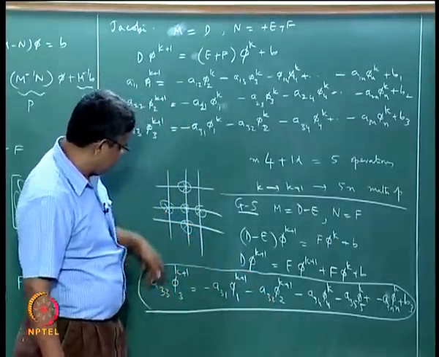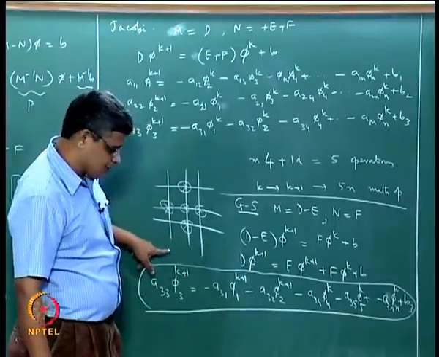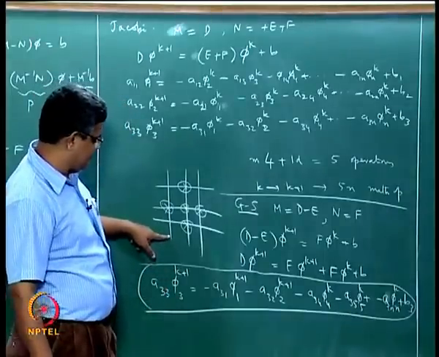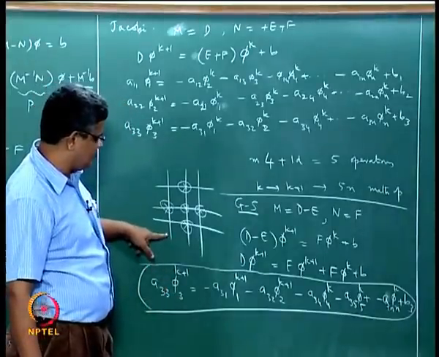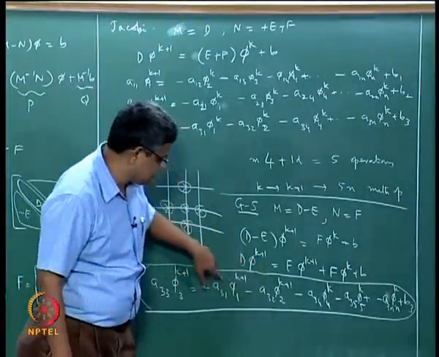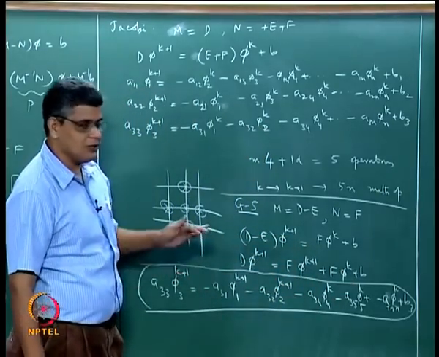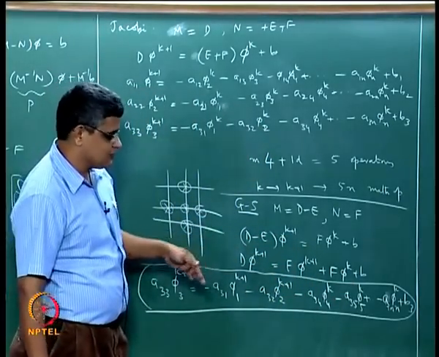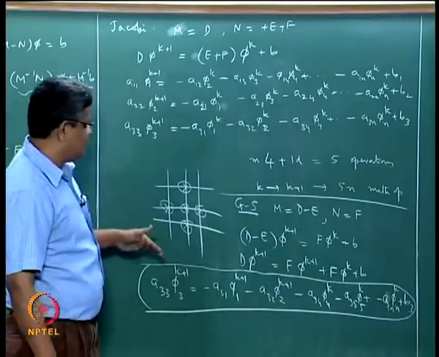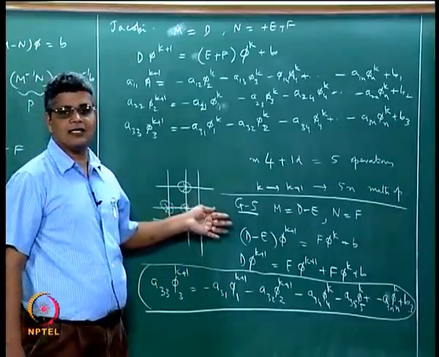By the time we are at phi 3 in this sequential solution, we have already computed phi 1 and phi 2, so we already have the improved estimates, that is, phi 1 k plus 1 and phi 2 k plus 1. We make use of those values here, and for the succeeding ones, from 4 to n, those variables are still the old values, so we use them as k. That is, in the Gauss-Seidel method we make use of the improved values wherever they are available.